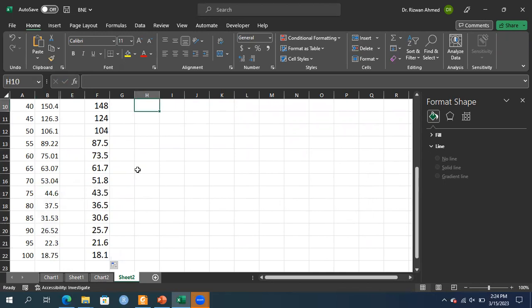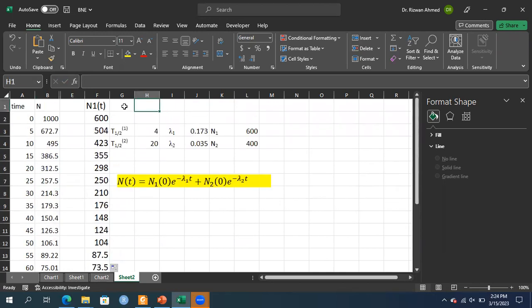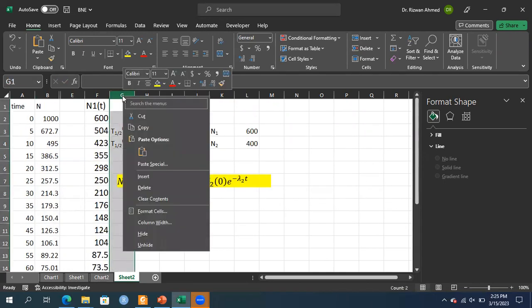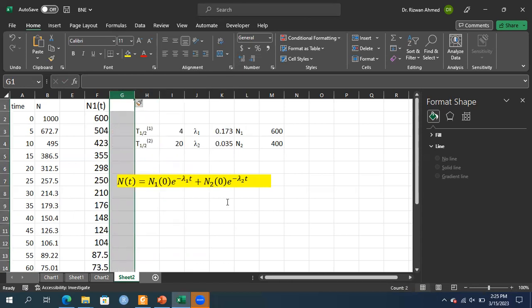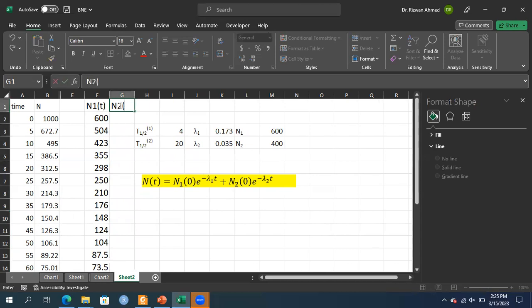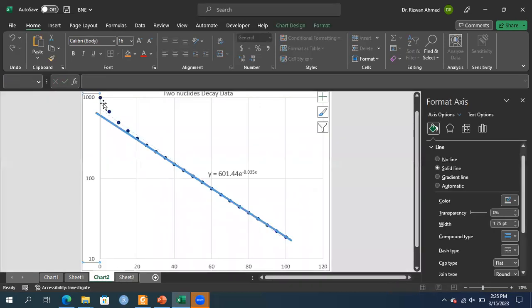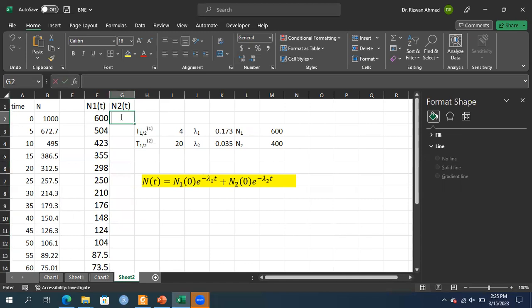Now to see the short-lived isotope, we have the contribution from N1 of T. So I will do the calculation for N2 of T, which is basically the difference between the total activity and the activity contribution from N1. Mathematically, it is possible.